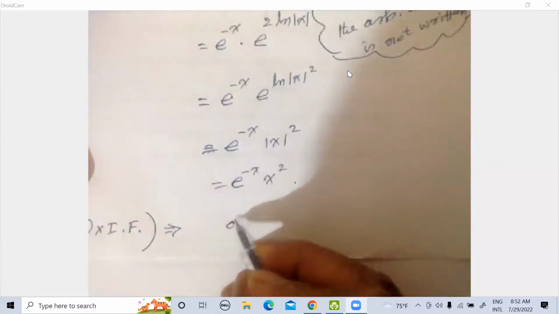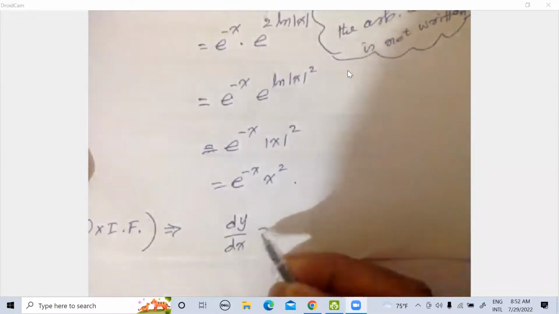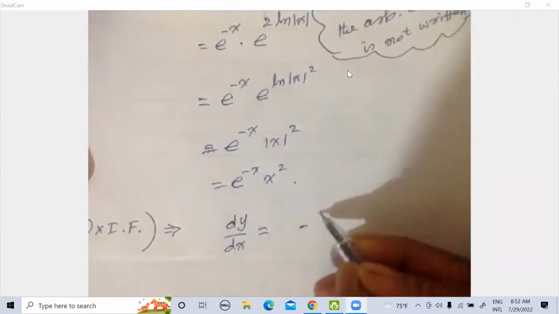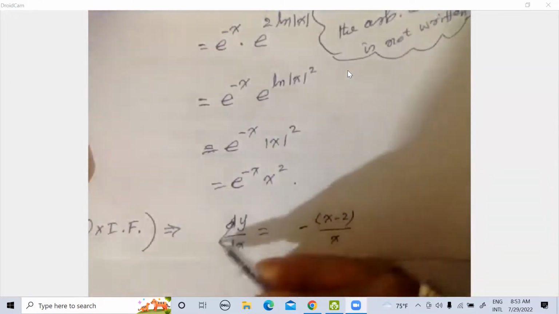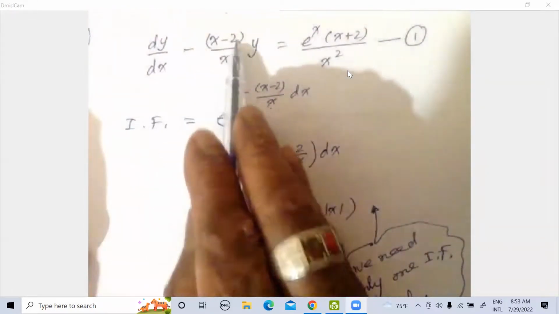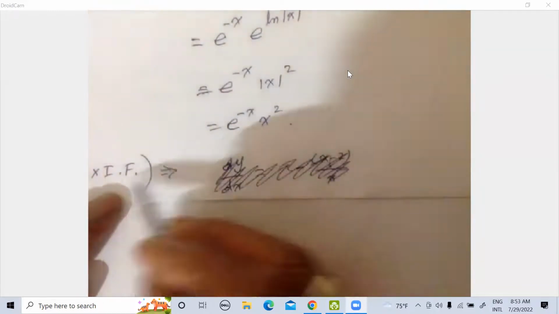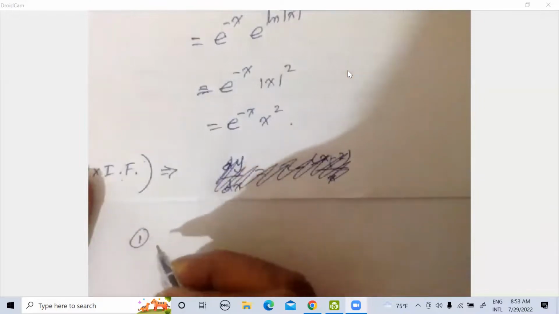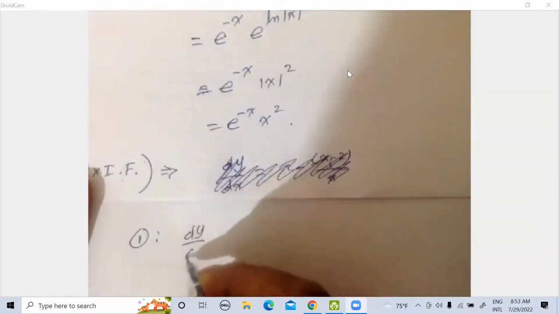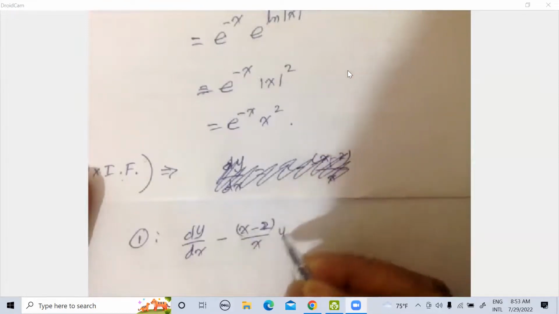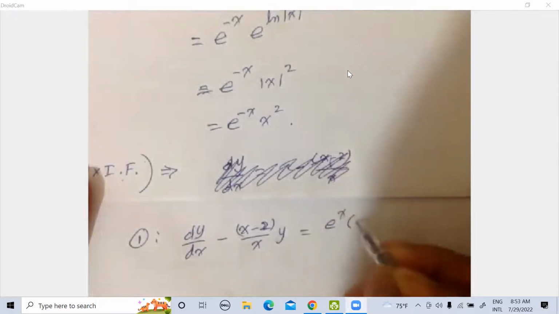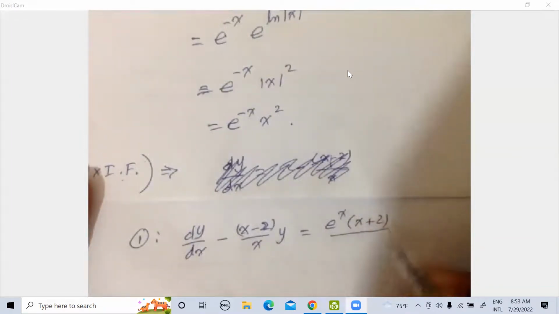Equation 1 is dy over dx minus x minus 2 over x times y equals e to the x plus 2. Be patient, things will work out.